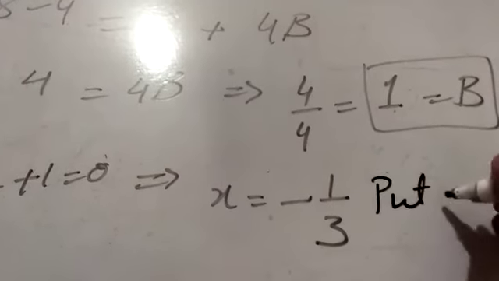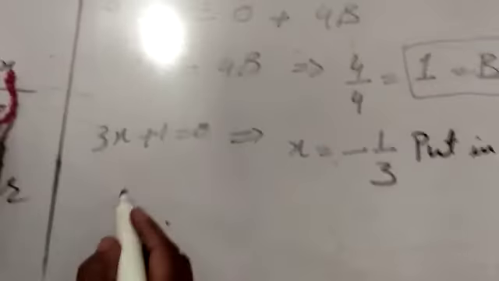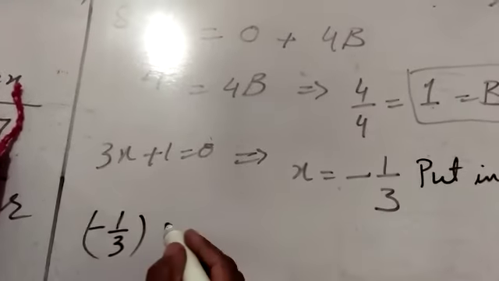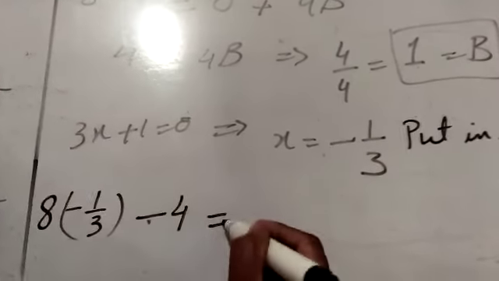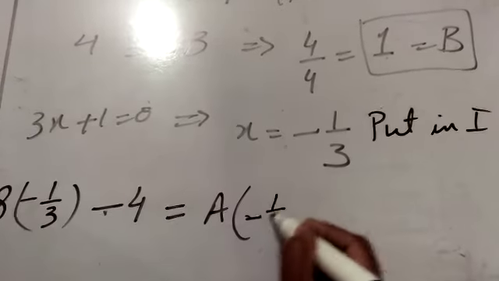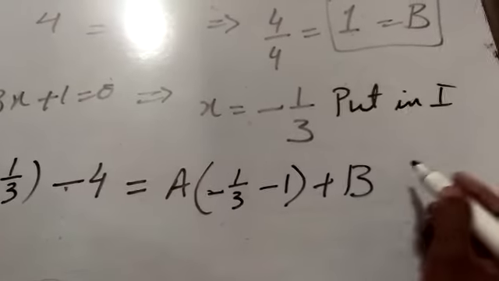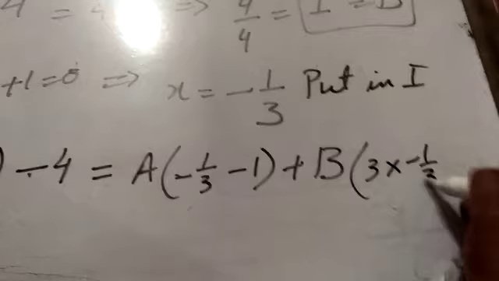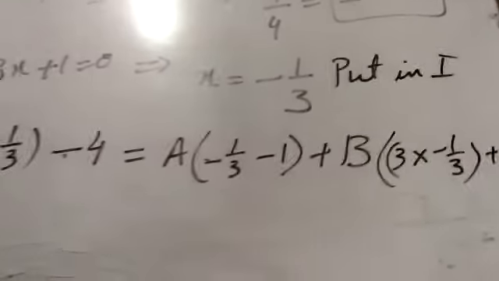We will put this value in the identity and get 8 into minus 1 by 3 minus 4 equals a into minus 1 by 3 minus 1 plus b into 3 multiplied by minus 1 by 3 plus 1.